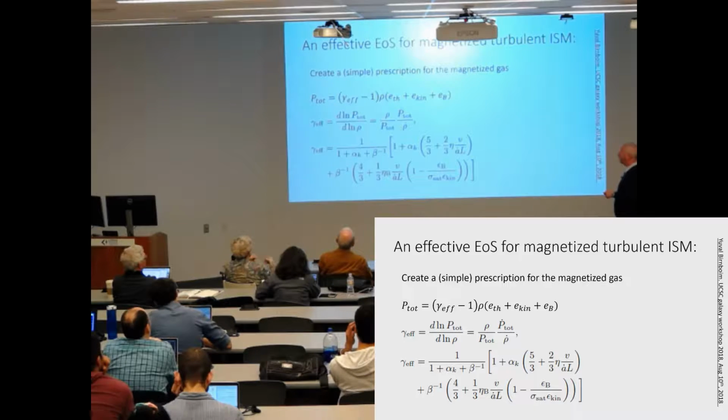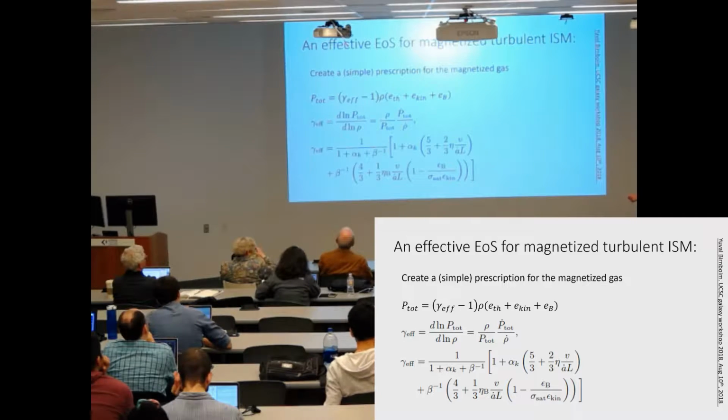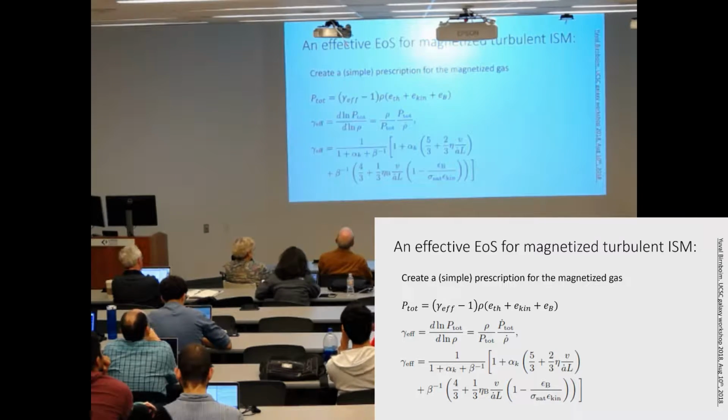We have to divide the energy into the different components, and we work out this effective gamma, which will determine how the whole box will react, coarse-grained, to the fact that we are compressing it, and we rigorously derive this gamma.